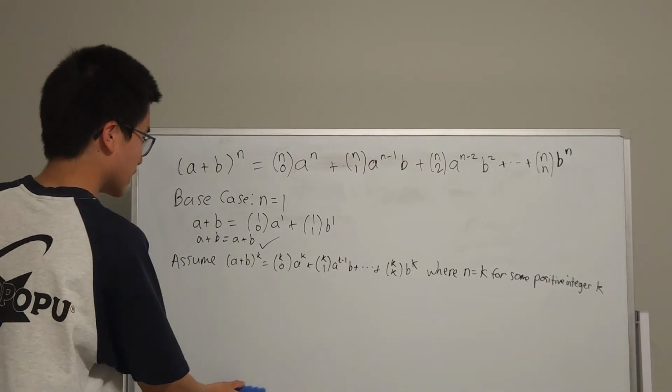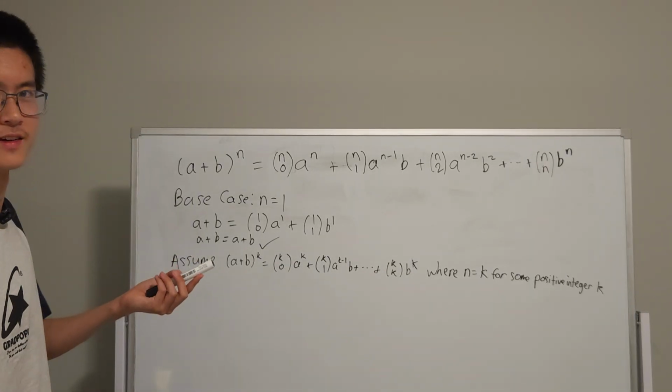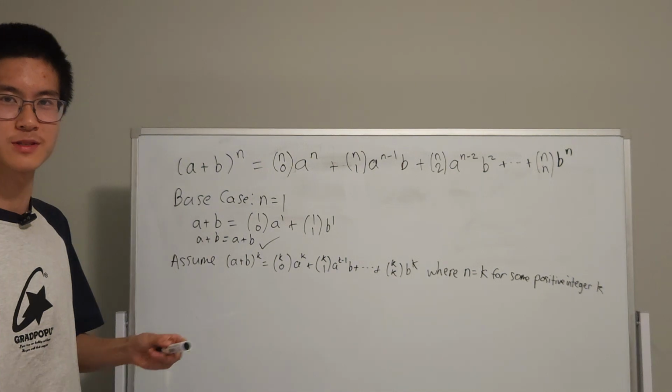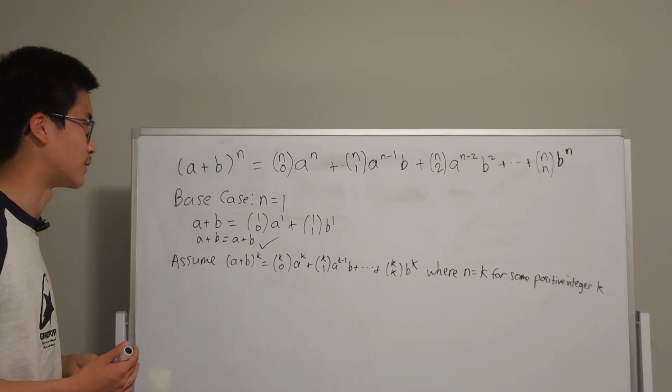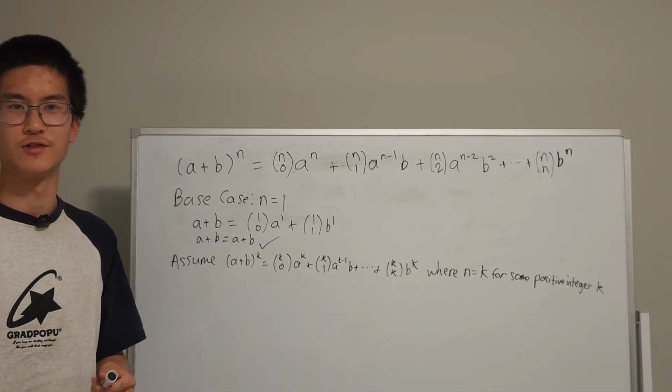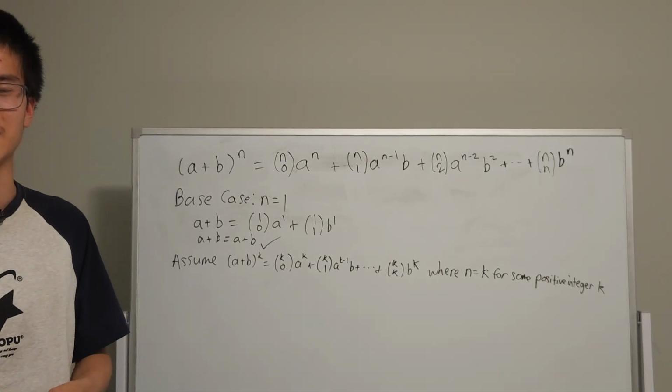Now we want to show that it also works for k plus 1. One good technique for induction is to substitute n equals k plus 1 in here. The reason we do this is to have a better idea of what to expect as a result.